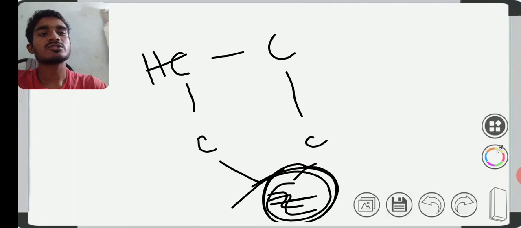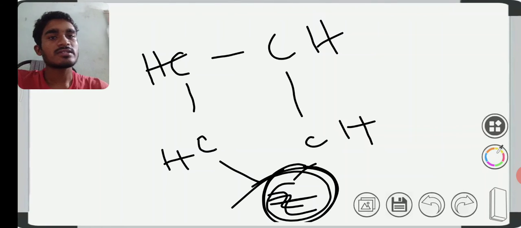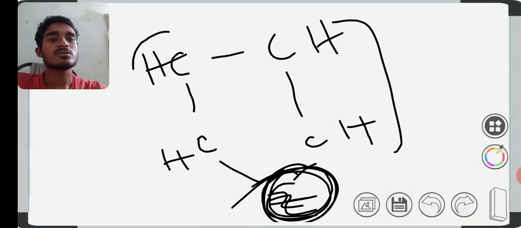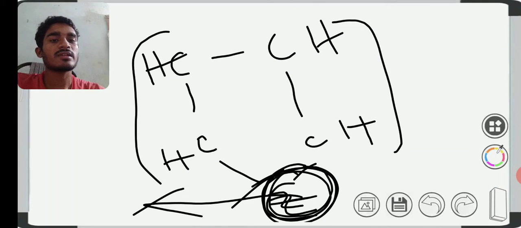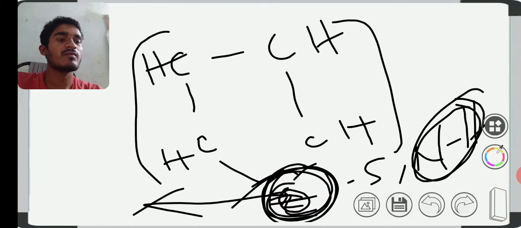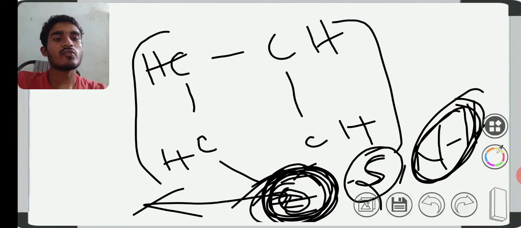So here CH, CH, and this is a heterocyclic compound example. When in the place of H we put oxygen, sulfur or nitrogen NH: in place of NH we call it pyrrole, in place of NH we place oxygen it is a furan, and in place of it adding sulfur it will be thiophene structures.